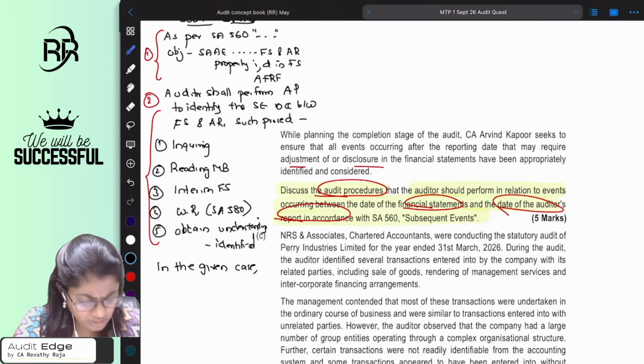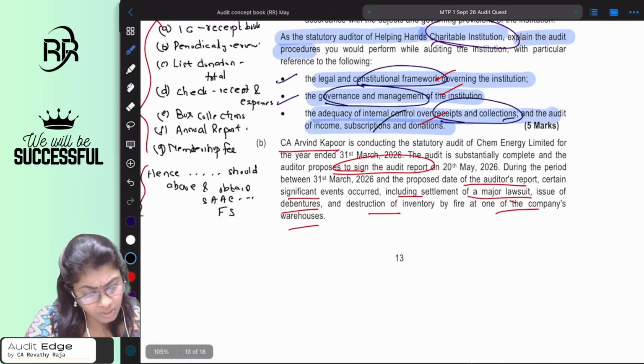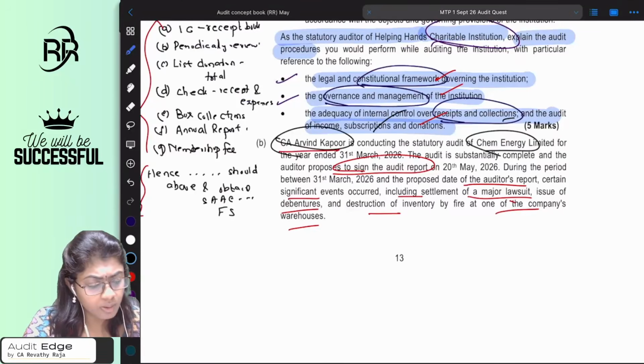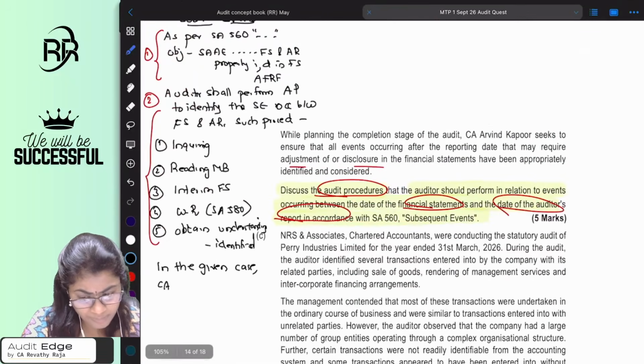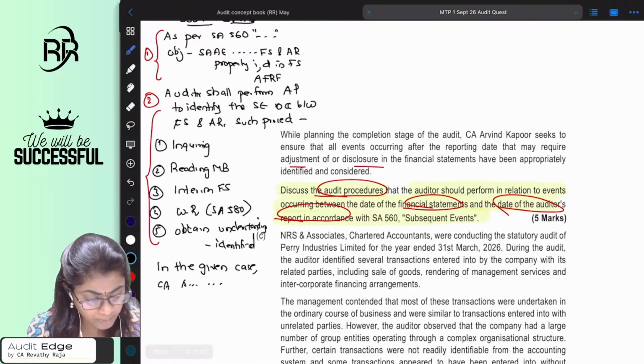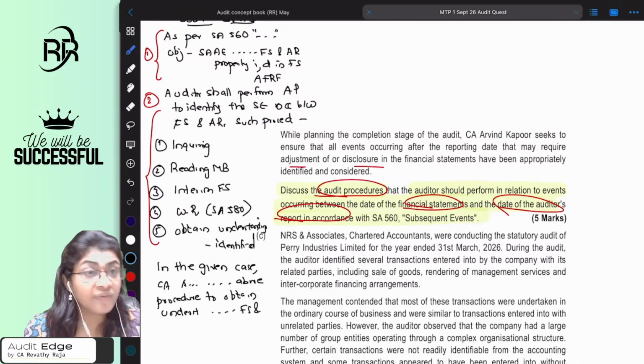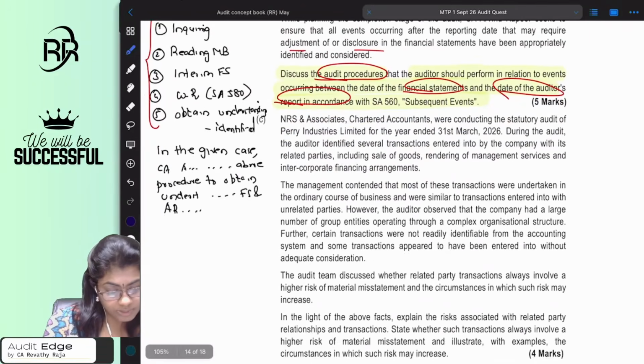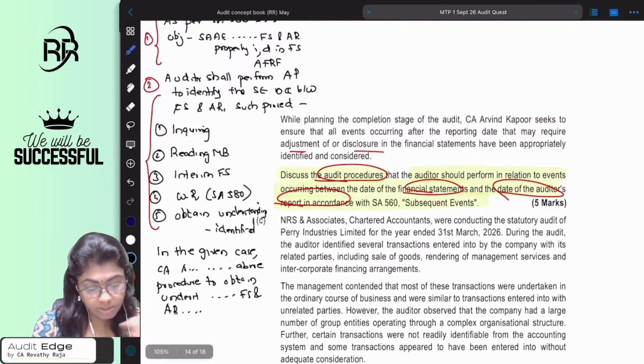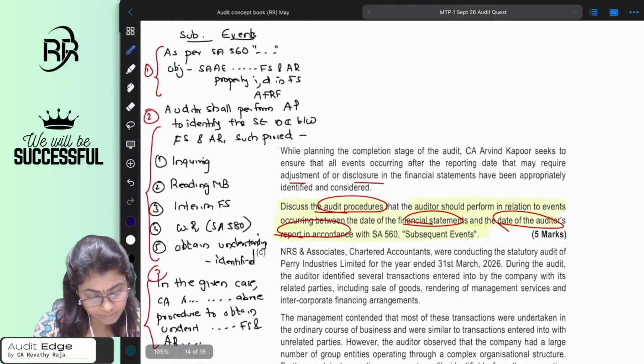So in the given case, the auditor CA Arvind Kapoor shall perform the above procedures to obtain an understanding of those events between FS and audit report date. So that should be the last part.